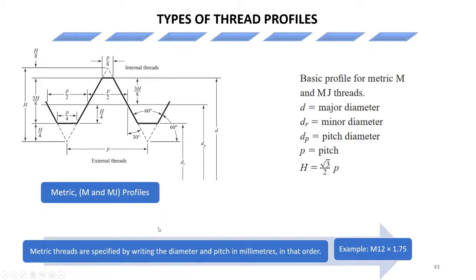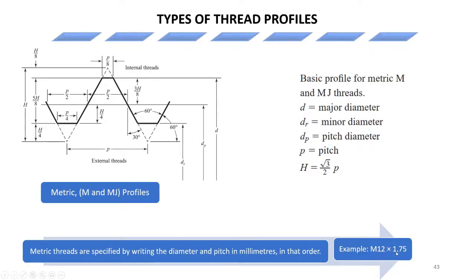Usually we specify the thread details by using something like M12 by 1.75. The M shows that it's a metric thread, and then the 12 indicates the diameter of the thread, which is in this case the major diameter, 12 millimeters.